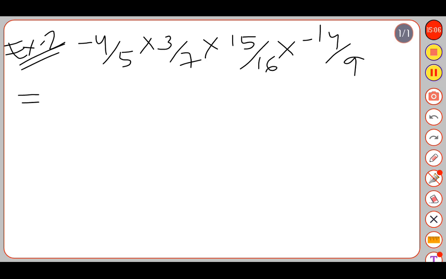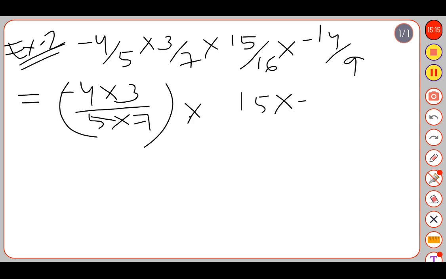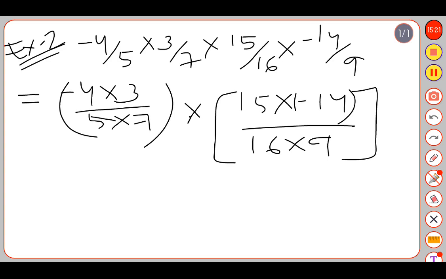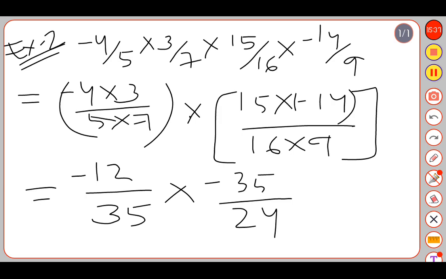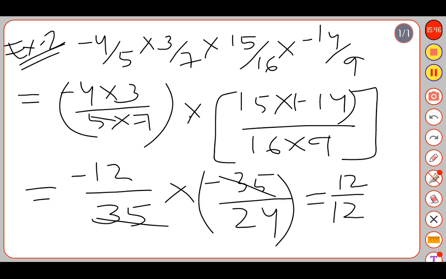If we do it in the normal process, then we get minus 4 into 3 by 5 into 7 whole, into 15 into minus 14 by 16 into 9, and we get here 4 3s are 12, minus 12/35 into, here we get minus 35/24, so 35 is cancelled, so here minus minus makes plus, 12/24, that is 1/2.